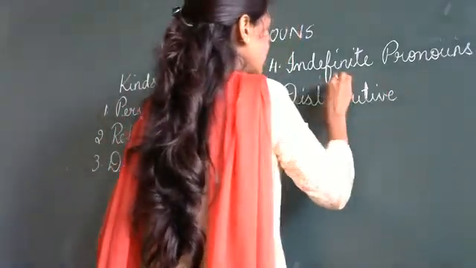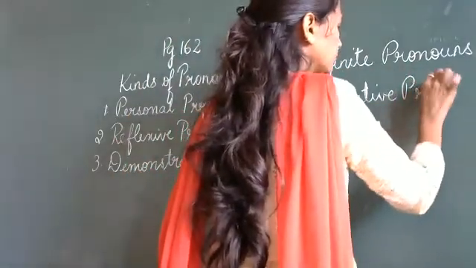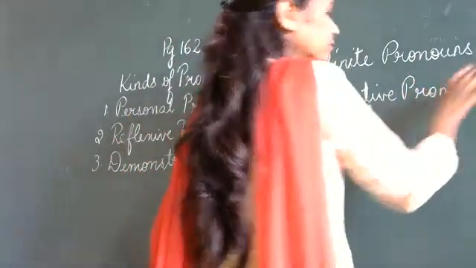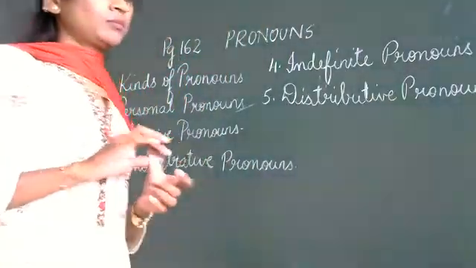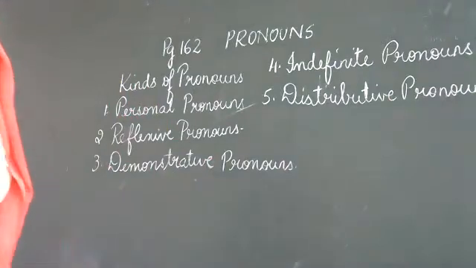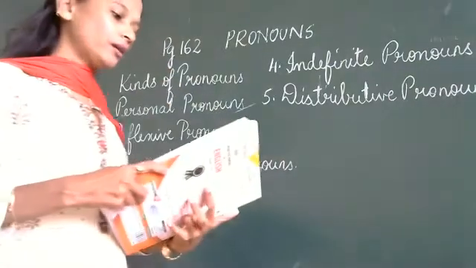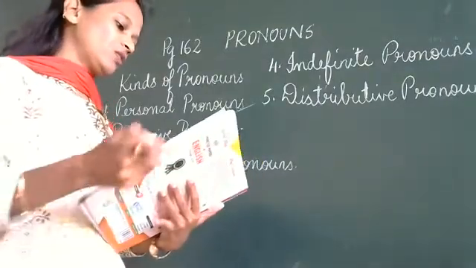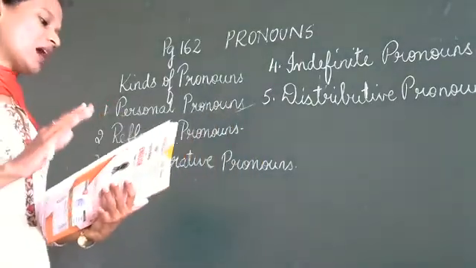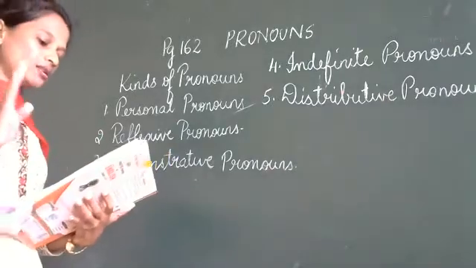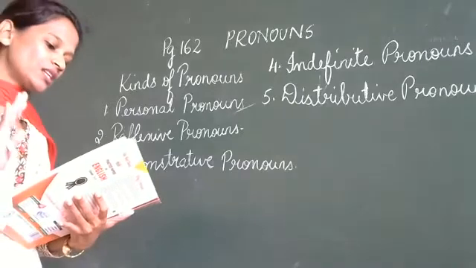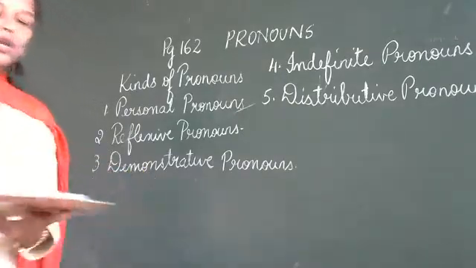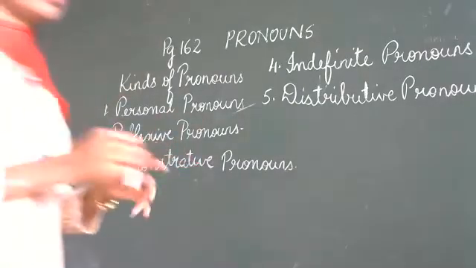Distributive pronouns are those which show that when it separates groups, which shows that persons or things are taken singly or in separate groups. These pronouns are always singular and are always followed by a verb. Now, for example, each, either or neither.